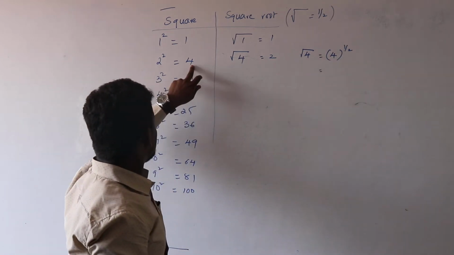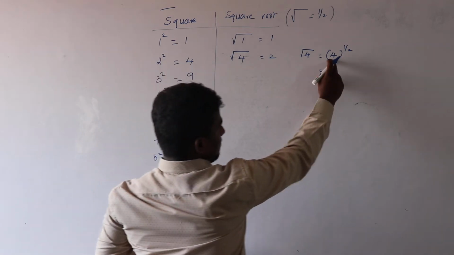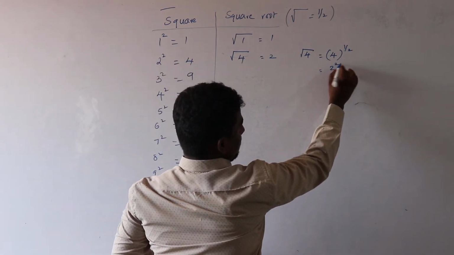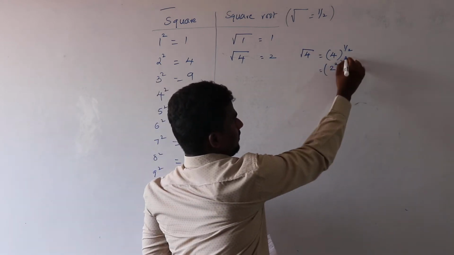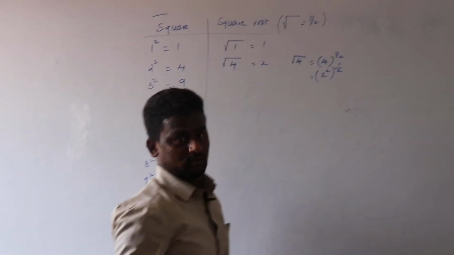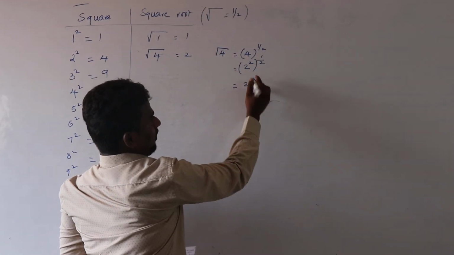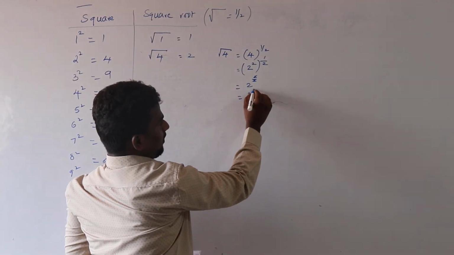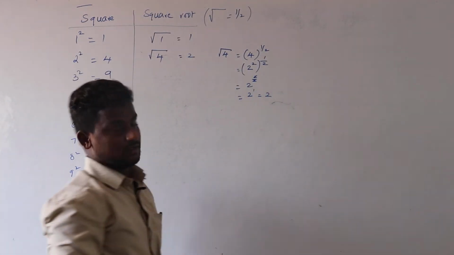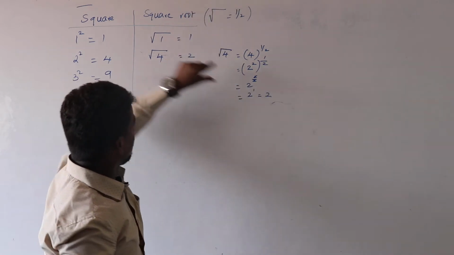That 4 is the square of which number? 2 square is 4. So in place of 4, I write 2 square, and again the whole bracket power 1 by 2. Here we multiply 2 into 1 by 2, the 2s get cancelled, and we get 2 power 1. 2 power 1 means 2 only. So like this we get the square root value. Square root of 4 equals 2.